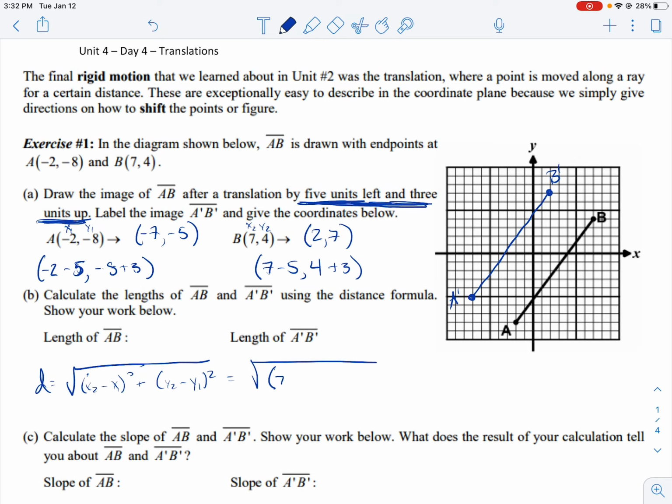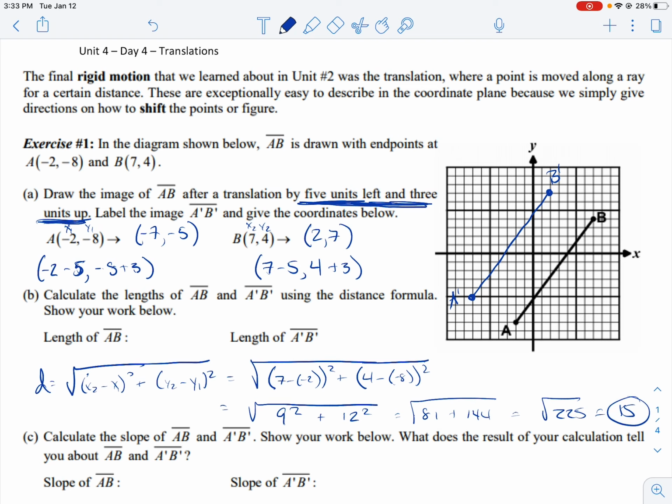You would get 7 minus -2 squared plus 4 minus -8 squared. Here I'm going to get a 9 squared, and over here I'm going to get a 12 squared, which gives me 81 plus 144, which is equal to the square root of 225, which is equal to 15.